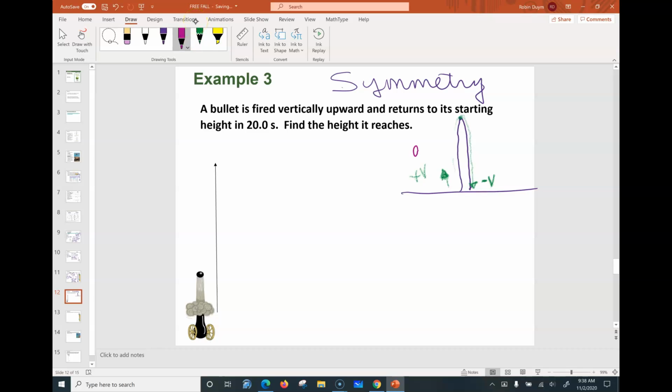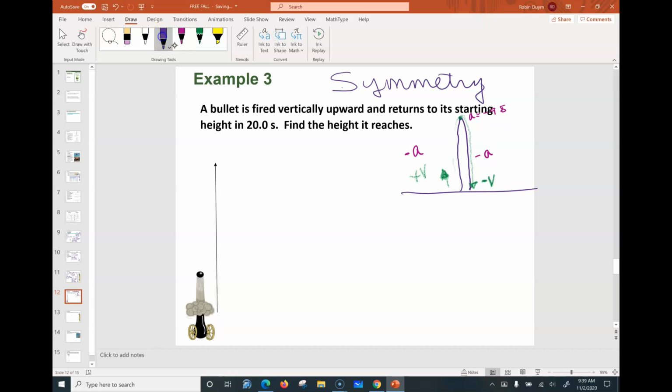Remember that your acceleration is negative 9.8 on the way up. Remember that your acceleration is negative 9.8 even at the top. And then remember on the way down, my acceleration is negative 9.8 as well.